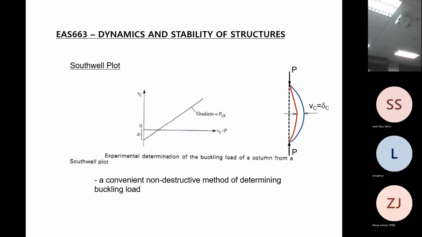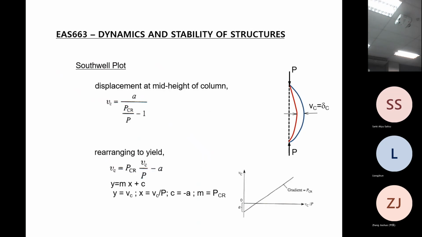So how come we can plot like this? There is a reason for that. Why can we plot a straight line, and the slope gives us the critical load? It comes from these equations here. It comes from this equation for VC, which is the additional deflection at the mid height of the column for an imperfect column under the action of P, given by this formula, where this is the imperfection.